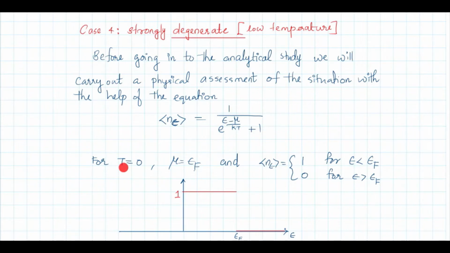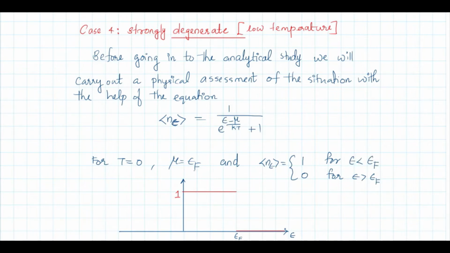We already know that when T is equal to 0, that is absolute zero temperature, the chemical potential mu is called the Fermi energy. The occupation number at T equal to 0 can be either 1 or 0, depending on whether the energy is less than EF or greater than EF.